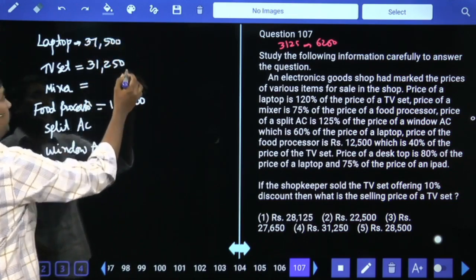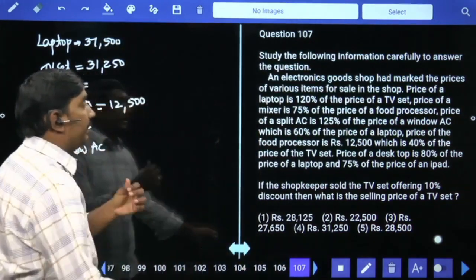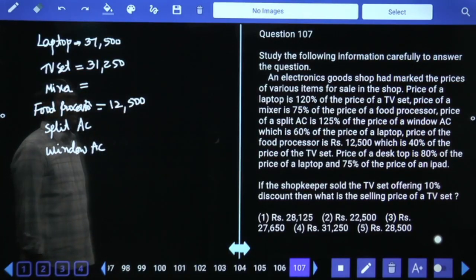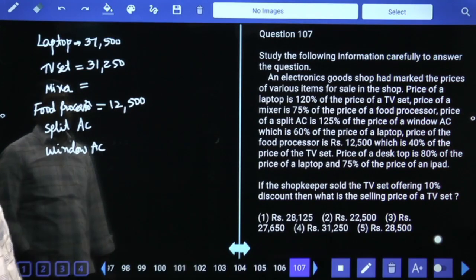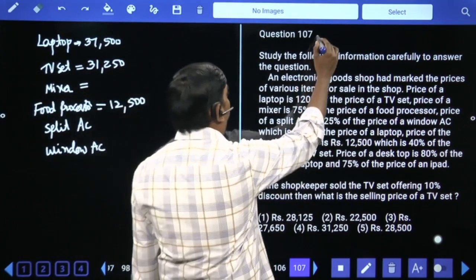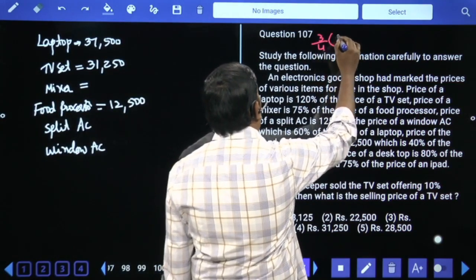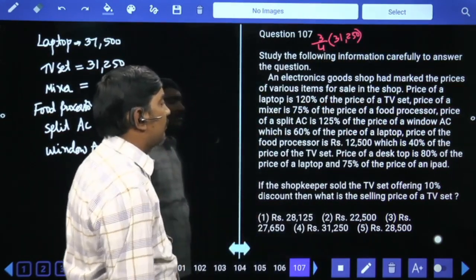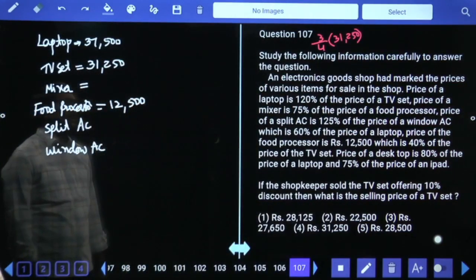Laptop is 37,500. Next, price of a mixer is 75% of the price of a food processor. So 75% means 3/4 of 31,250. It does not get cancelled.